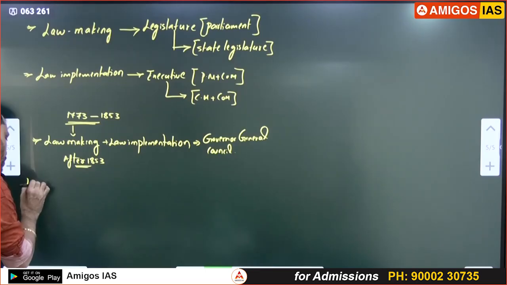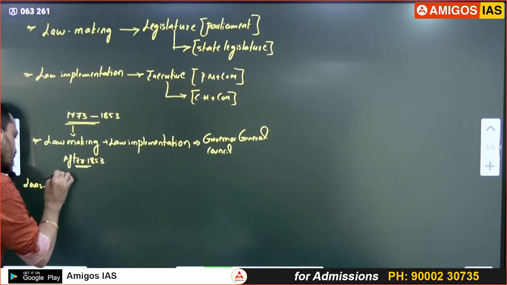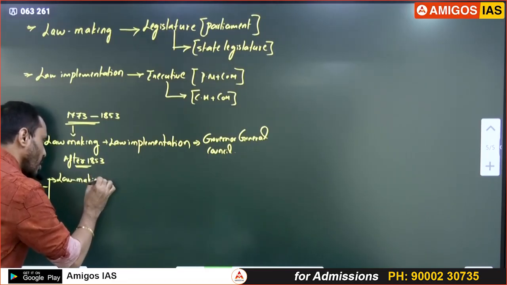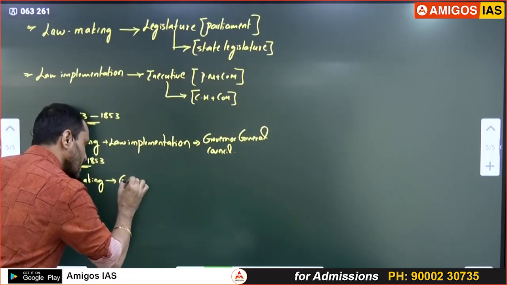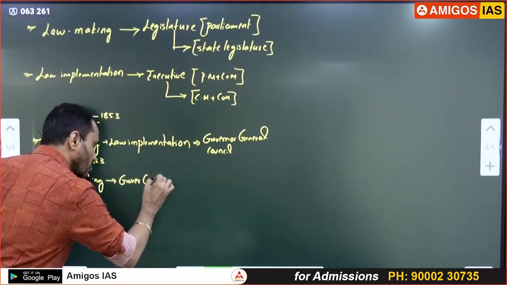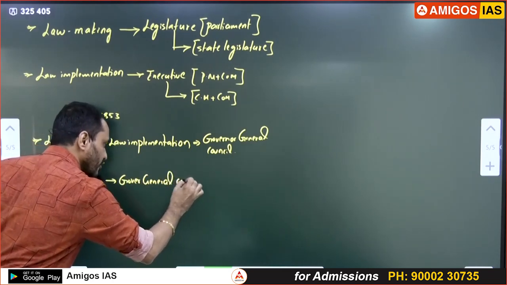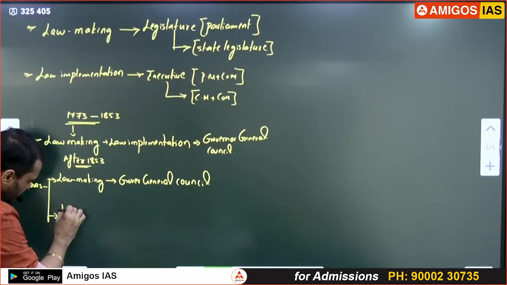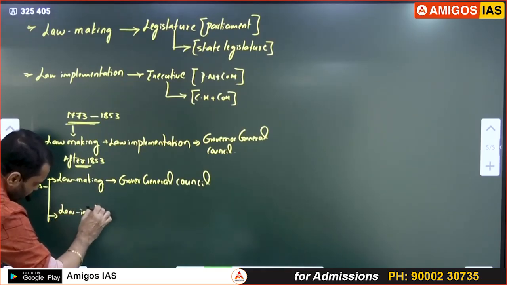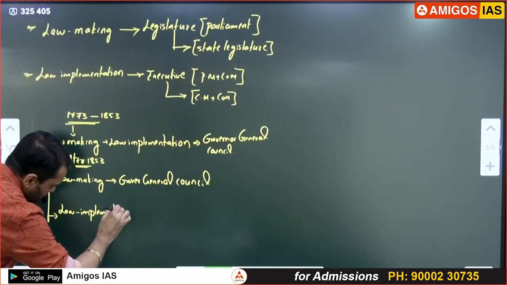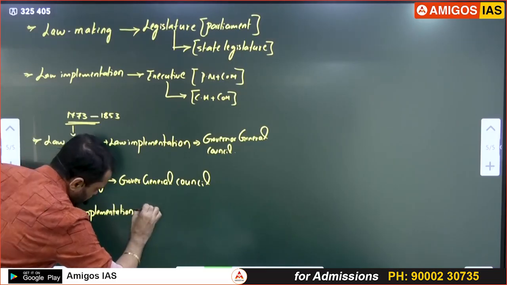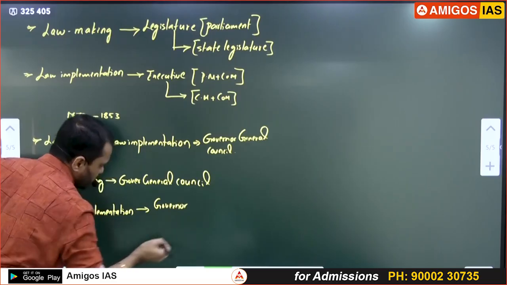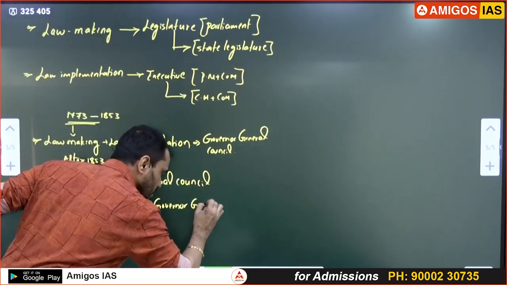Now listen, here after 1853, the lawmaking body we used to call the Governor General Council, same as previously, whereas law implementation we used to call the Governor General Executive Council.